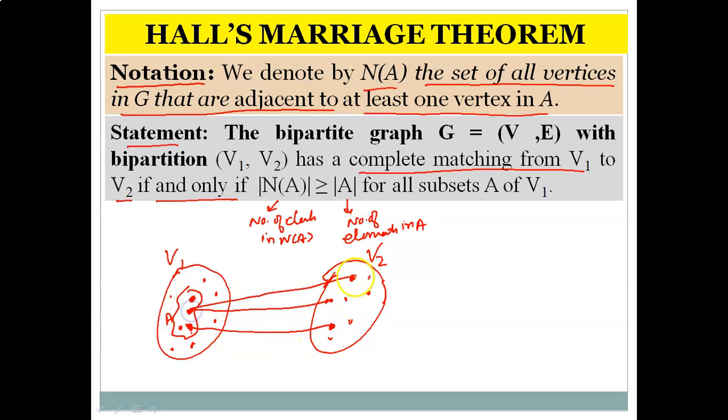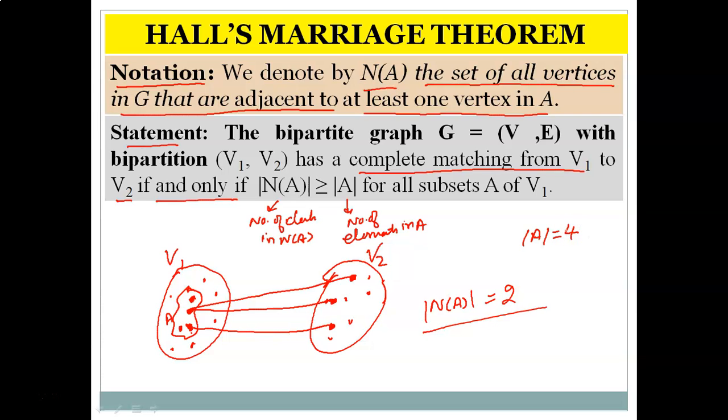Now this is adjacent to two vertices. So you have to find the set of all vertices in G that are adjacent to at least one vertex in A. So here in this situation I can say that the number of elements in N(A) is equal to 2, because two vertices are left which are not adjacent to any of the vertices in the whole graph. So we will consider only these two which are adjacent to at least one vertex in this graph G. So this is N(A), and if we look at A, the number of elements in A is equal to 4.